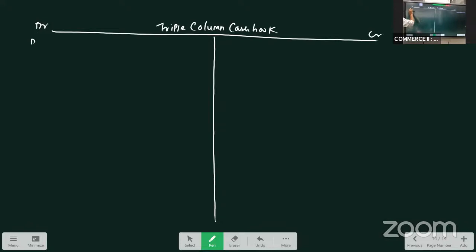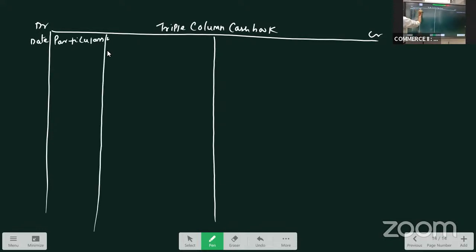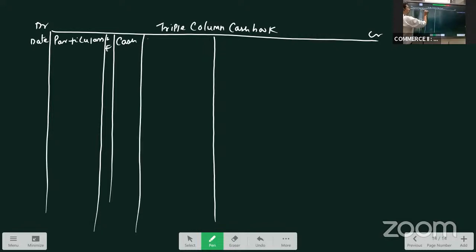Then again we have date, we have particulars, we have LF. Sir, what is new? You are writing the same things again. Okay. So this is our cash column. This is our bank column. This is our discount allowed column.